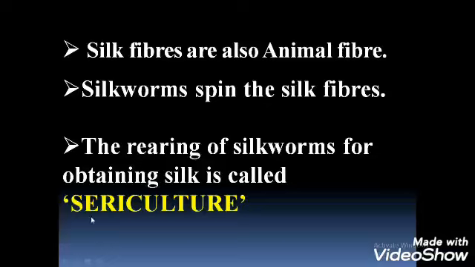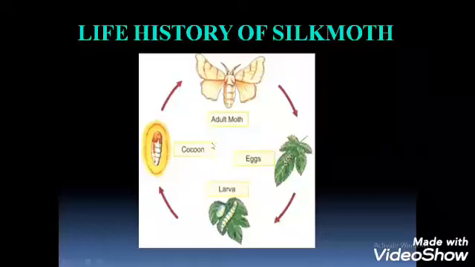Do you know about sericulture? It is the rearing of silkworms, the growth and caring of silkworms, for obtaining silk. The rearing of silkworms for obtaining silk is called sericulture. Then we can move to the life history of the silk moth.